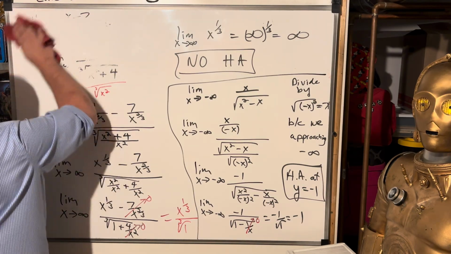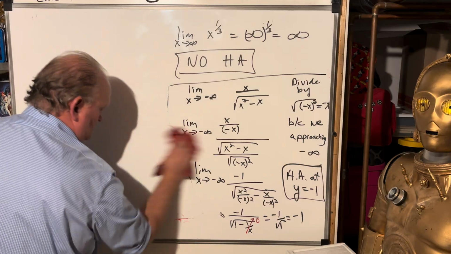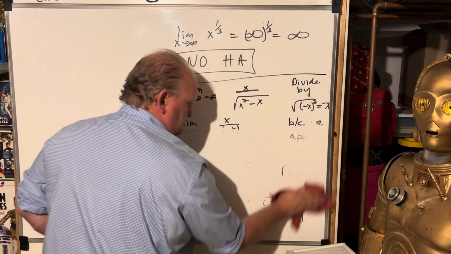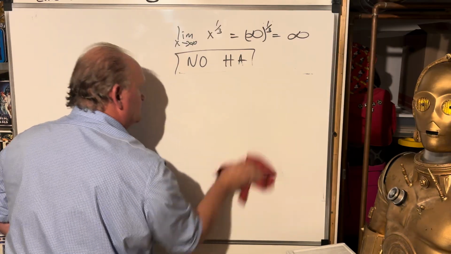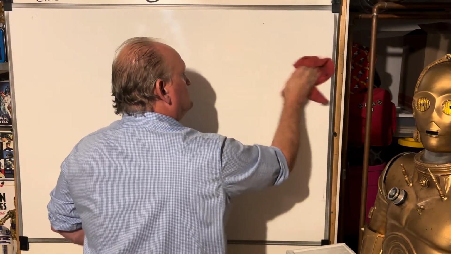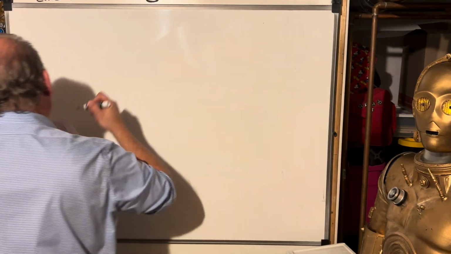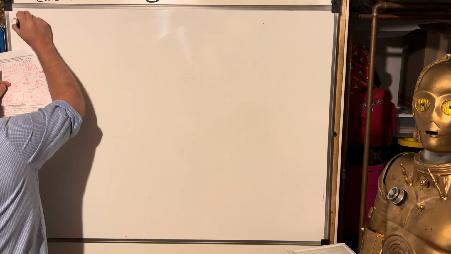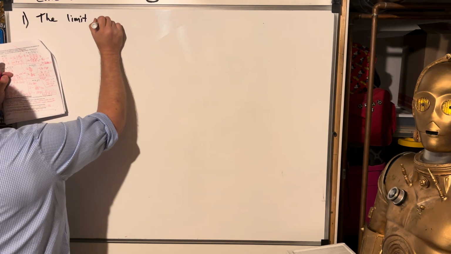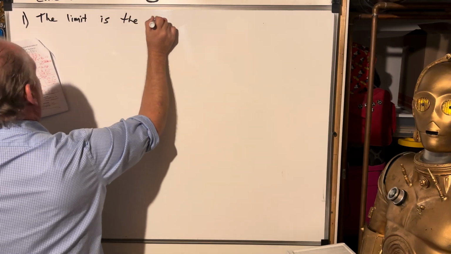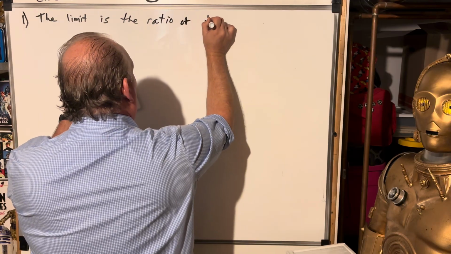So we're on the bottom of page 25. So the limit is the ratio of the coefficients.